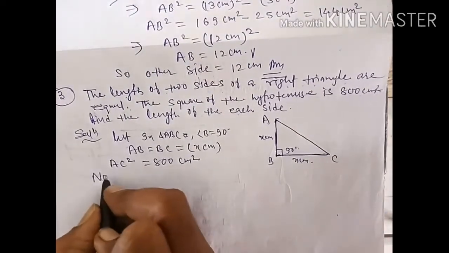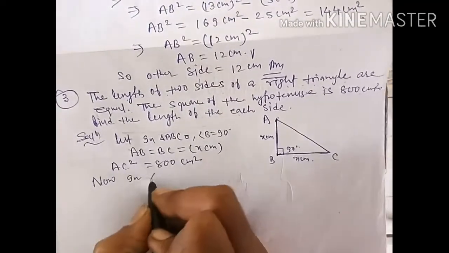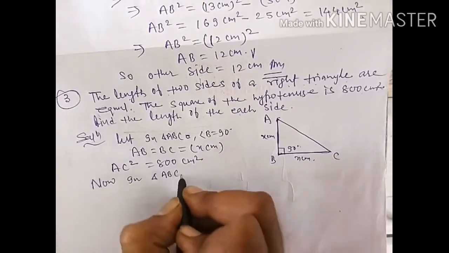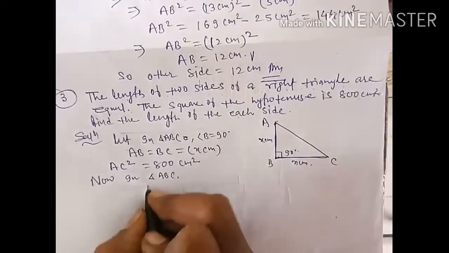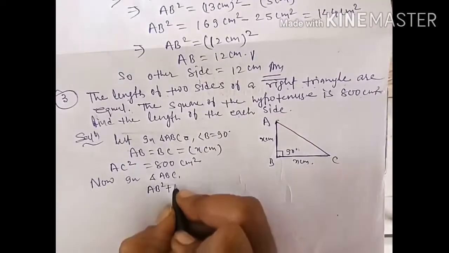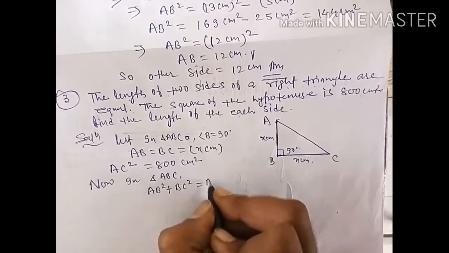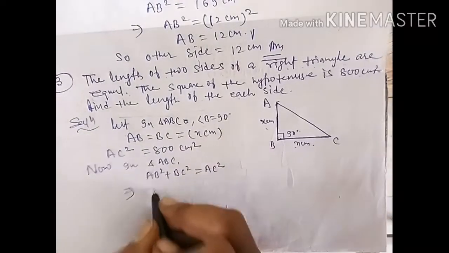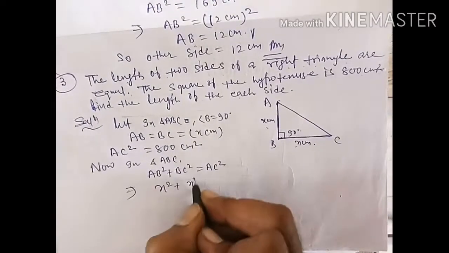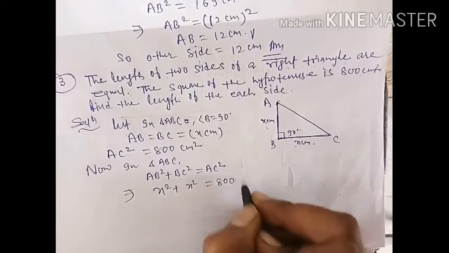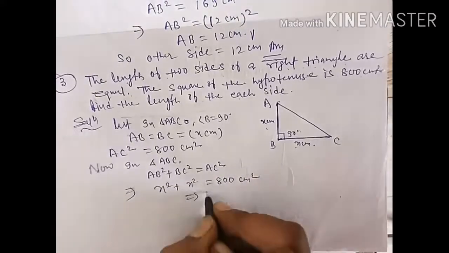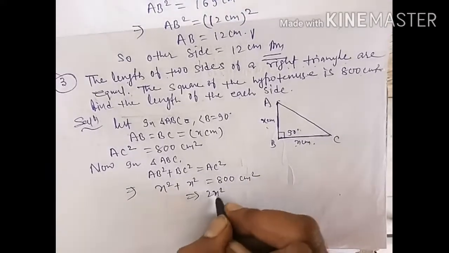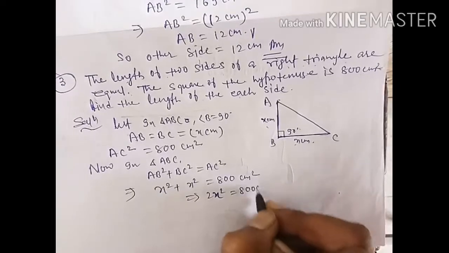Now in triangle ABC, AB square plus BC square is equal to AC square. Here AB and BC both are same, so x square plus x square is equal to 800 centimeter square. So 2x square is equal to 800 centimeter square.